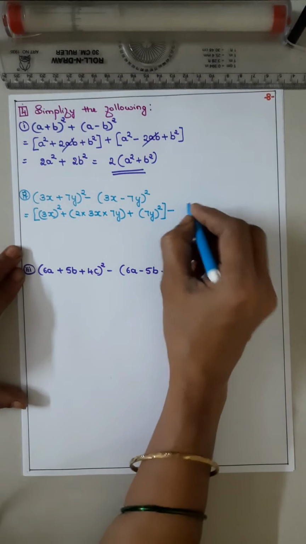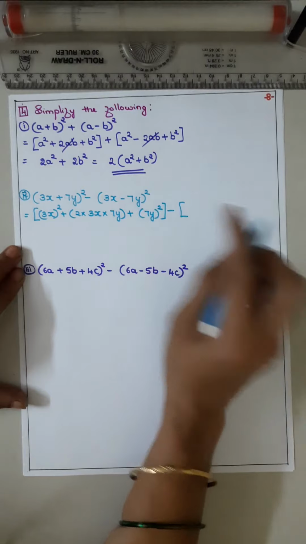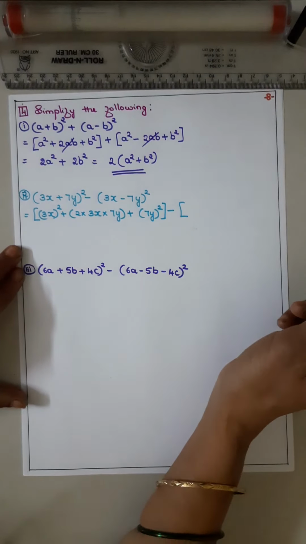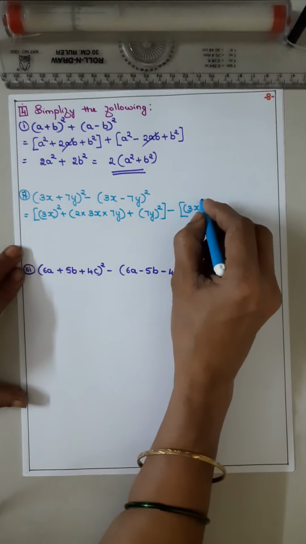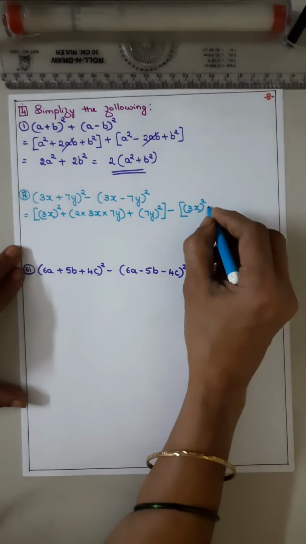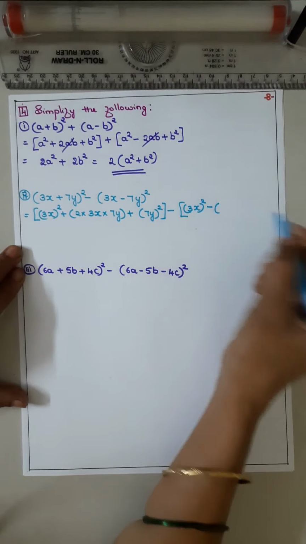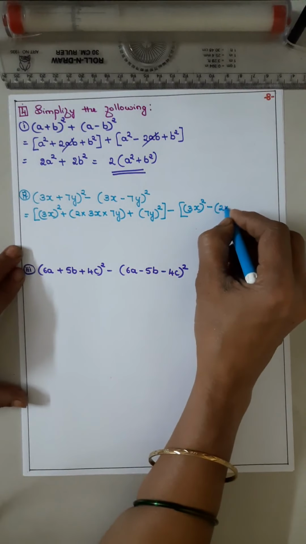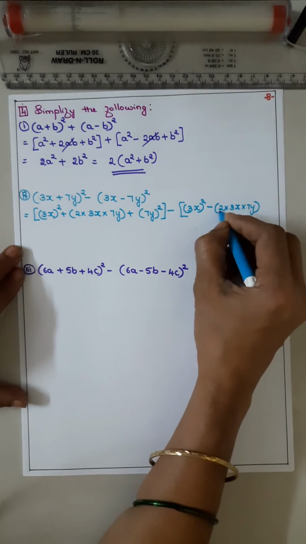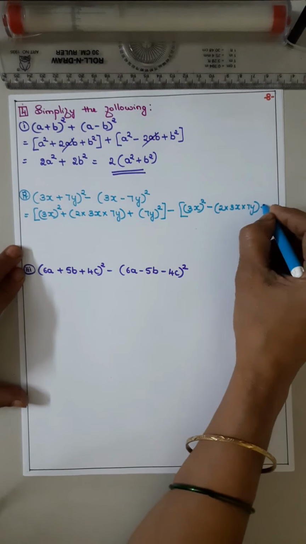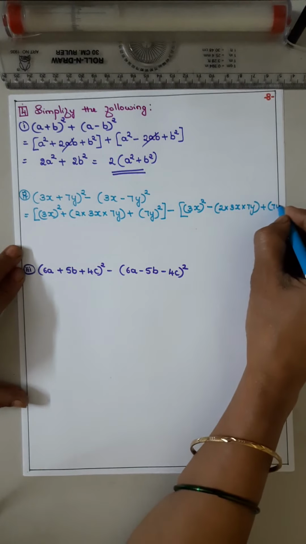Now minus, this is (a − b)² equal to a², that is (3x)², minus 2ab, minus bracket open 2 into 3x into 7y, plus b², that is (7y)², and bracket close.